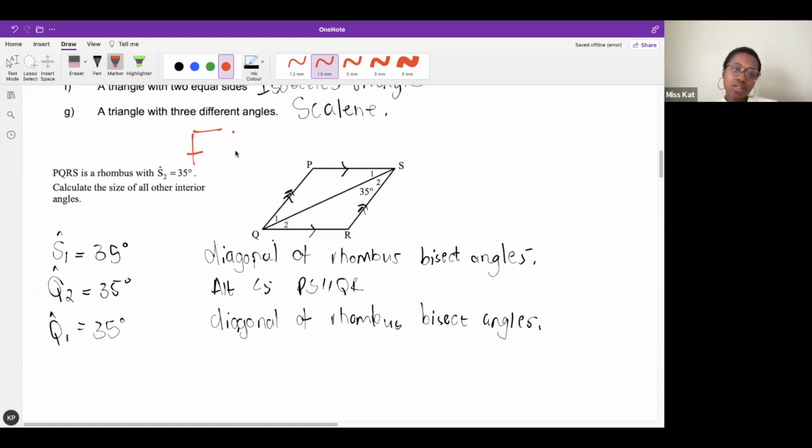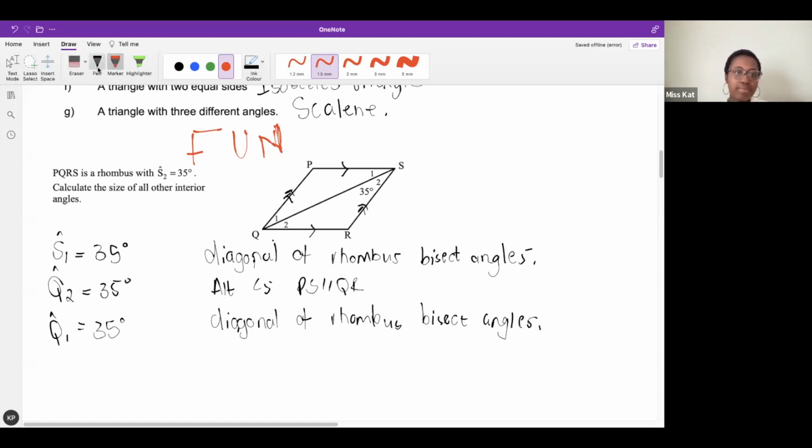Corresponding angles, co-interior angles, and alternate angles. Those ones. Remember your parallel line rules, alternate angles. Okay, Butle says angle R is 35. Okay, Butle, what do you say?